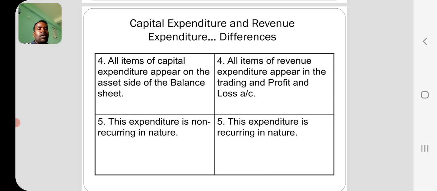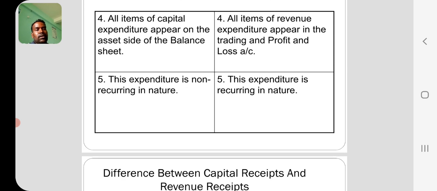Next, all items of capital expenditure appear on the asset side of the balance sheet. Capital expenditure appears on the balance sheet, whereas revenue expenditure appears in the trading and profit and loss account.